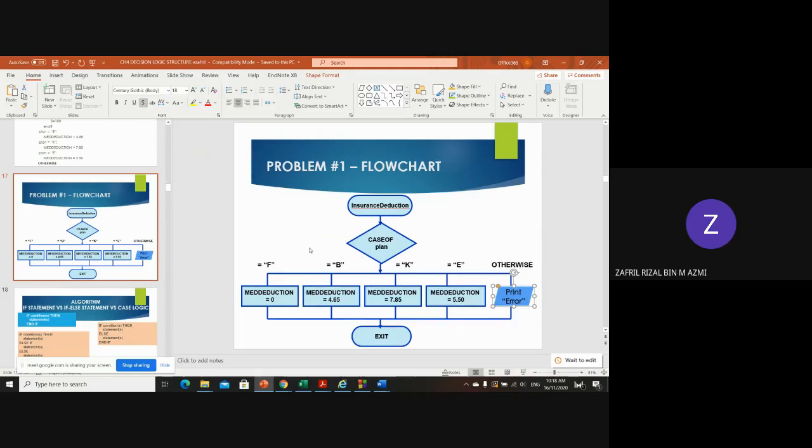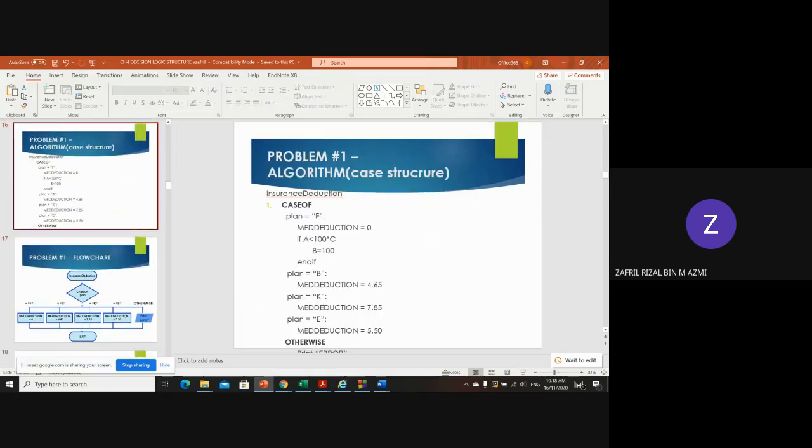For example, is the plan value equal to F? It is not a range between A to C to N, right? It is not based on range. Not all questions are based on range. If you refer to the algorithm, there is no range over here.